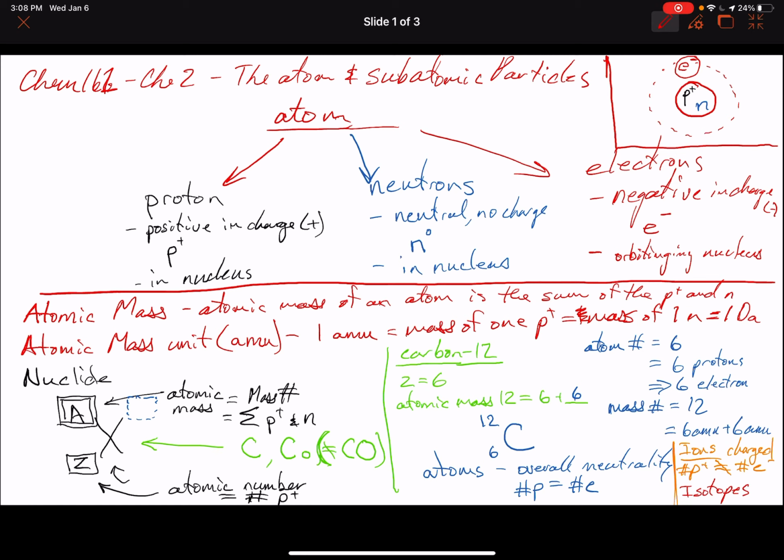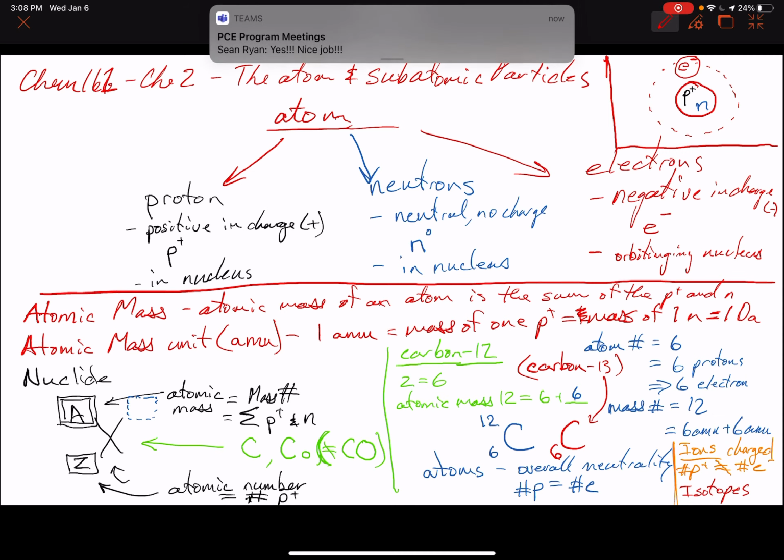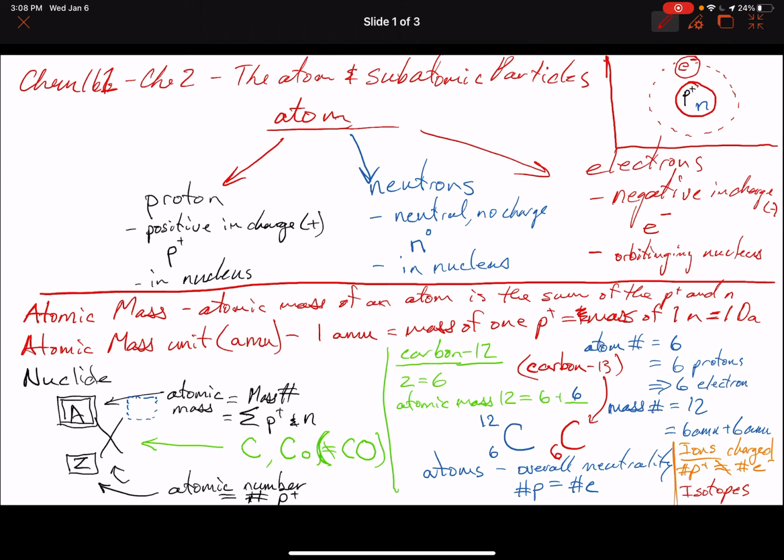Isotopes would be different and distinguished, and I'll tuck in another example here for carbon-13. This would be indicated to be different by knowing that the carbon still has to have 6 for the atomic number, Z, but it's going to have a different number of neutrons.